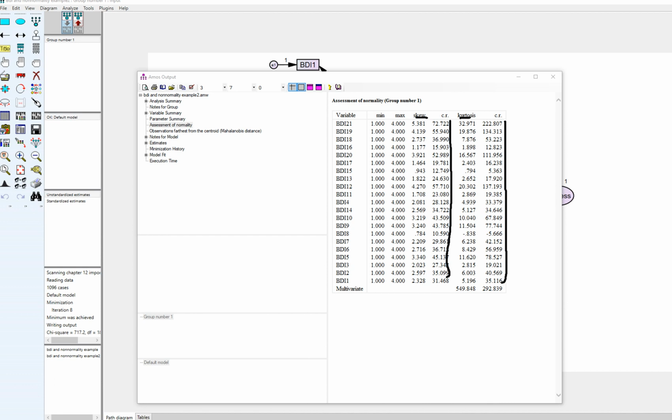Now, one of the downsides of utilizing test statistics like this in the context of SEM is that because SEM is a large sample technique, you can easily find yourself rejecting the null and concluding that there may be more substantial departures from normality on these dimensions than there really is.